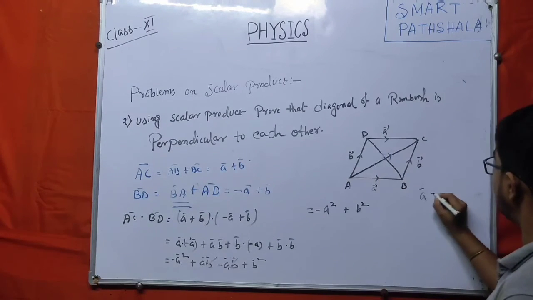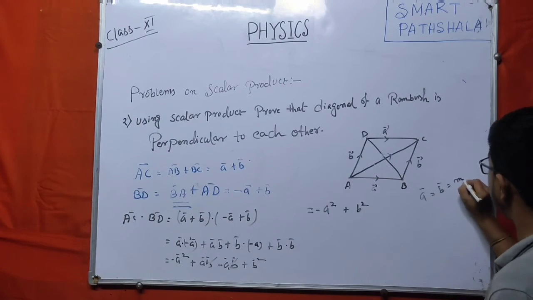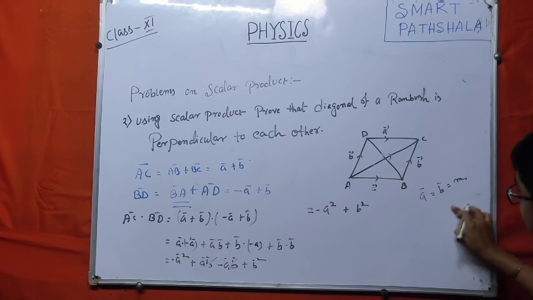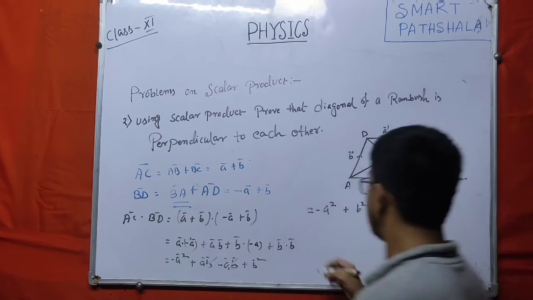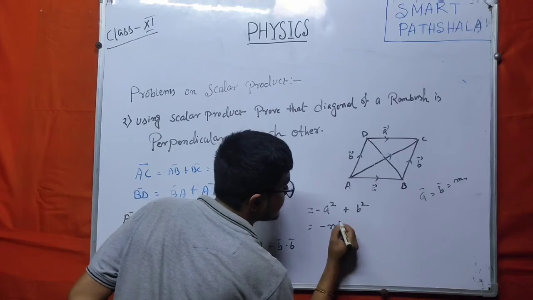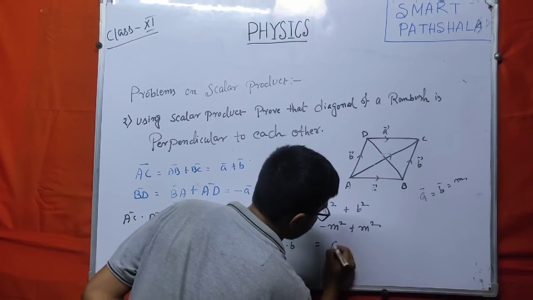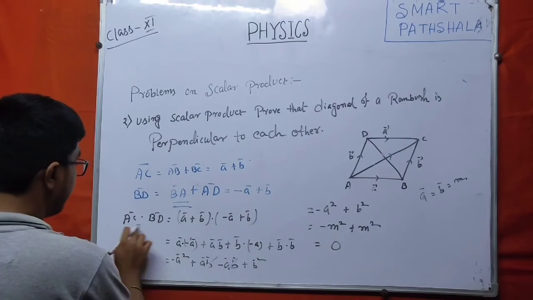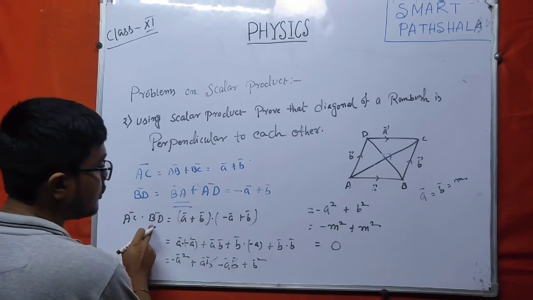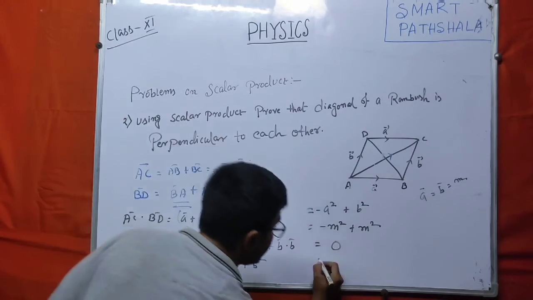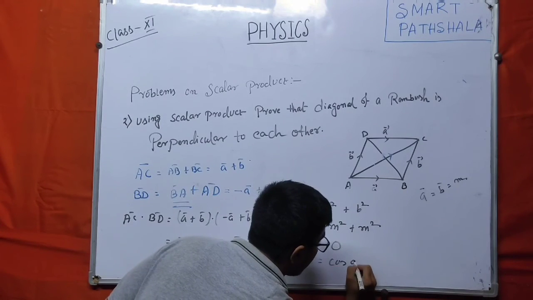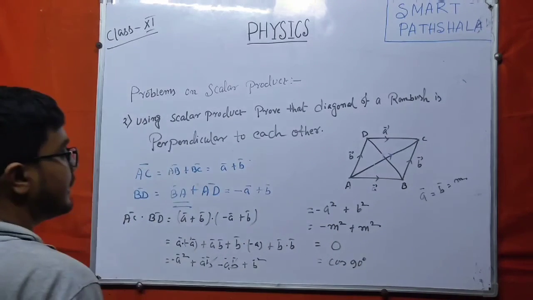But we have considered A vector is equal to B vector is equal to M, that means A is equal to M and B is equal to M. That is minus M square plus M square, equal to 0. The dot product of these two vectors became 0. That means 0 is equal to cos 90.